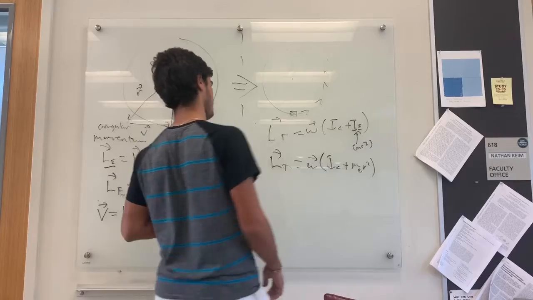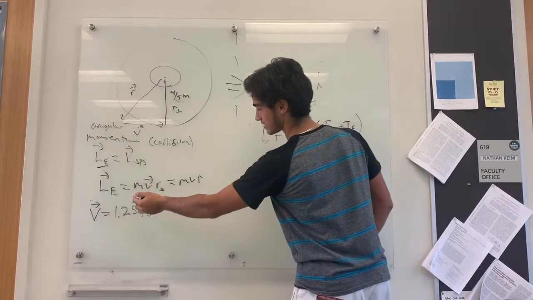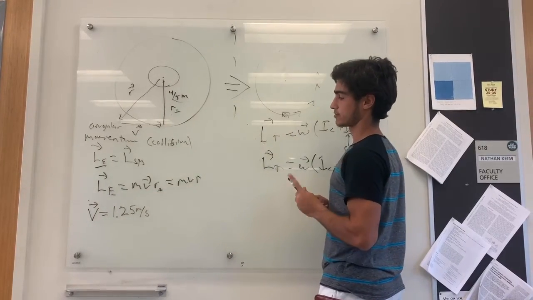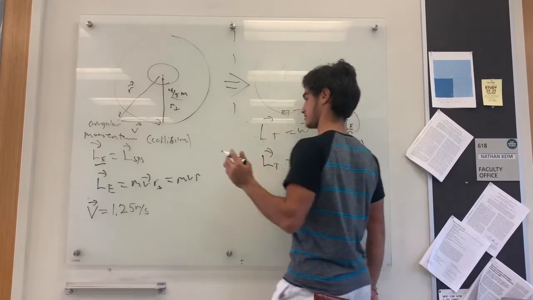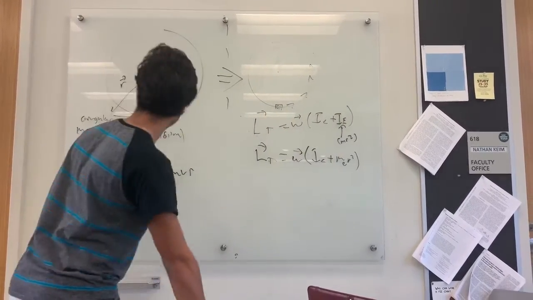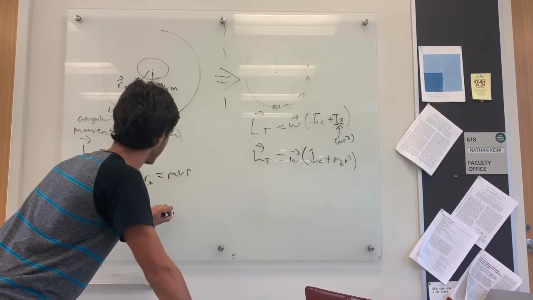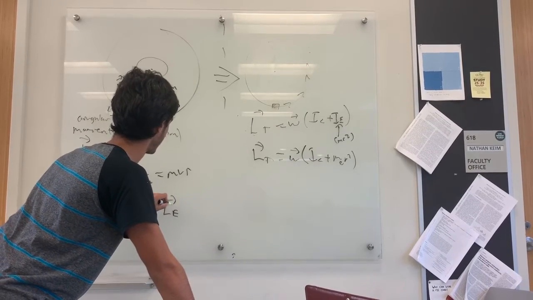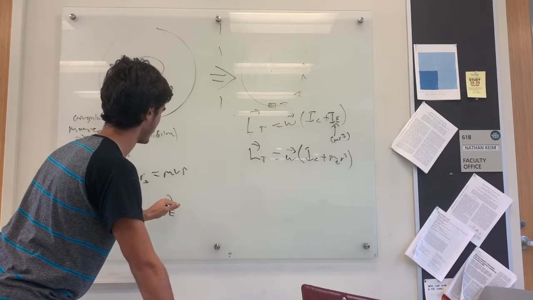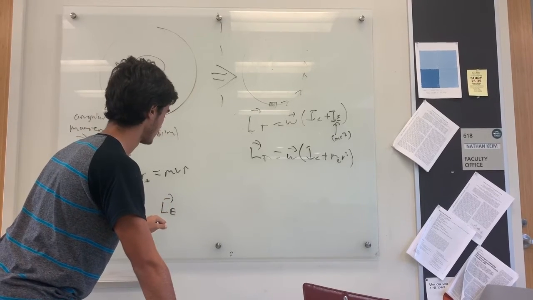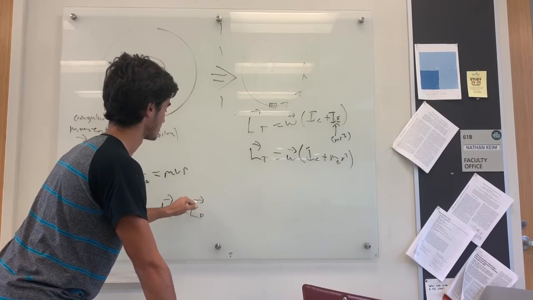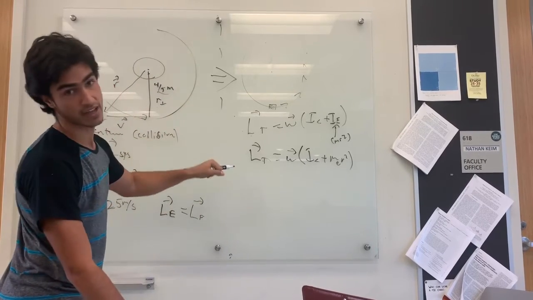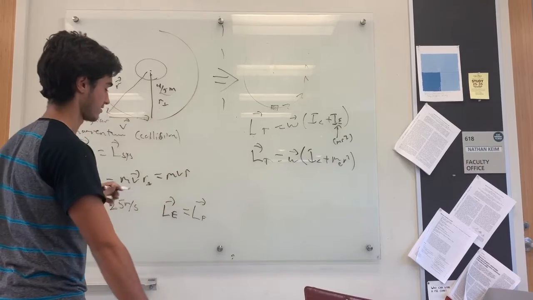So from here, we know that the velocity is approximately 1.25 meters per second that we got from our tracker data. And so from here, we can say that the angular momentum of Evan, which is the initial angular momentum of the system, is equivalent to the final angular momentum of the system, which is the angular momentum of both Evan as well as the carousel.